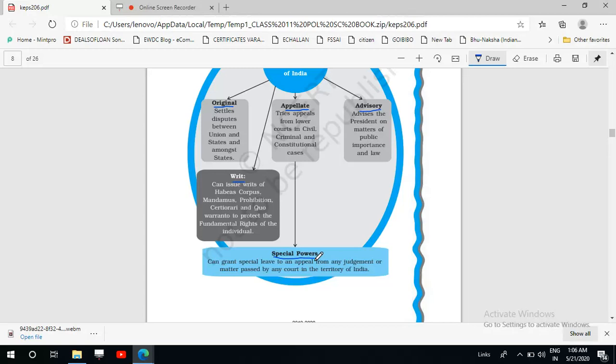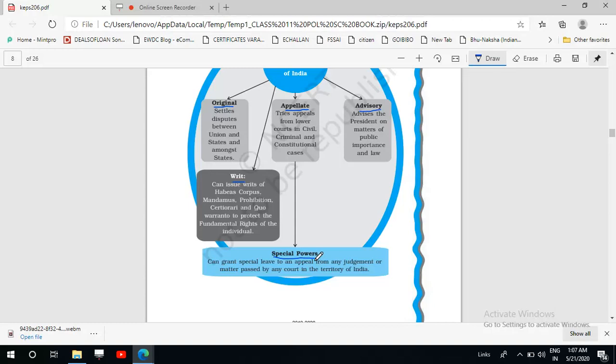Then, in that case, the Supreme Court provides the aggrieved party a special permission. It gives the aggrieved party a special permission to be heard in the apex court in appeal against any judgment of any court in the territory of India.